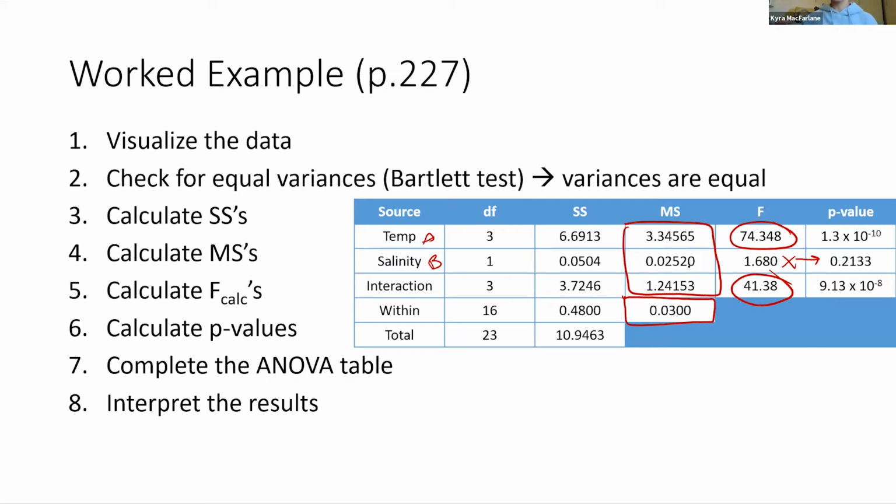So the only ones that have significant differences in the means are our temperature and our interaction. So salinity is not significant, but temperature changes respiration rate, and there's an interaction between temperature and salinity. Salinity by itself, though, doesn't alter respiration rate.